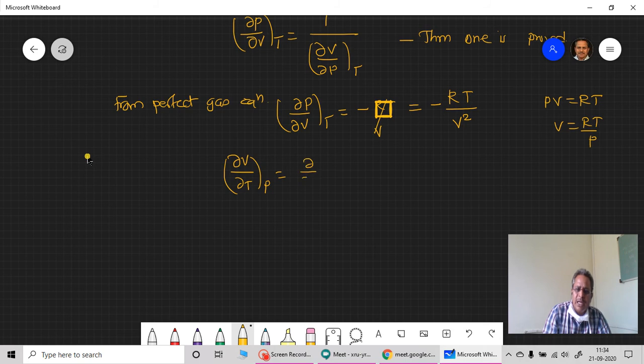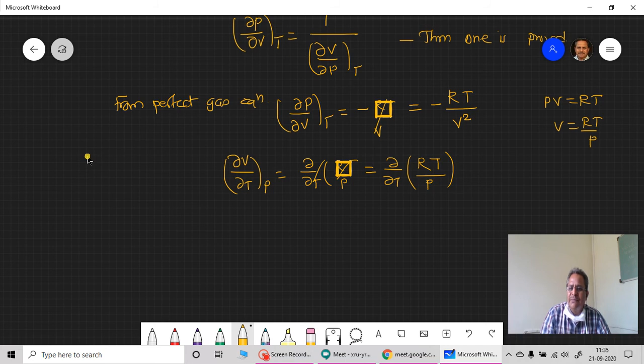This is ∂/∂T of R, then T upon P. Now P and R will remain as it is, and the differential of T with respect to T is 1. So this becomes simply R upon P, the differential of volume with respect to temperature at constant pressure.